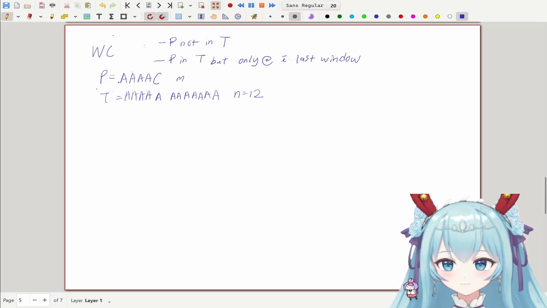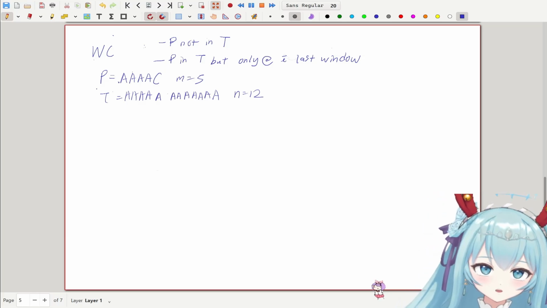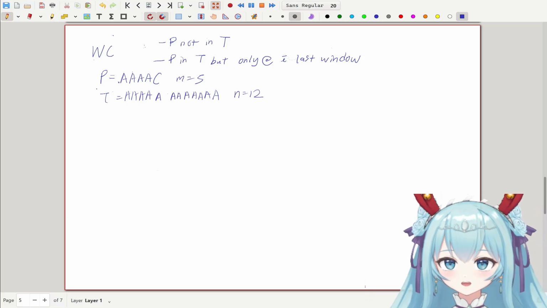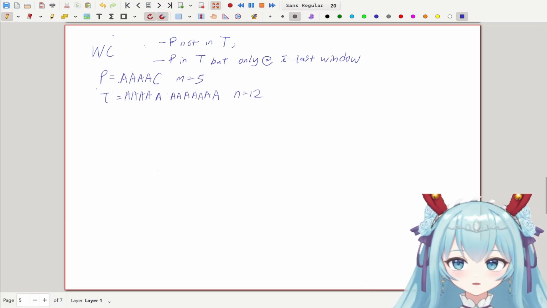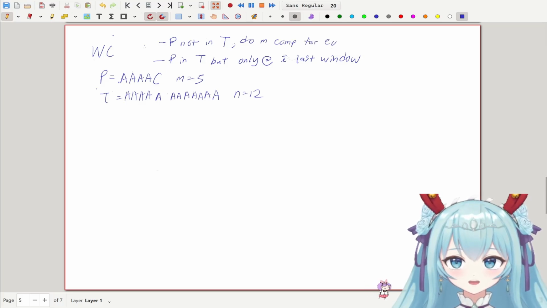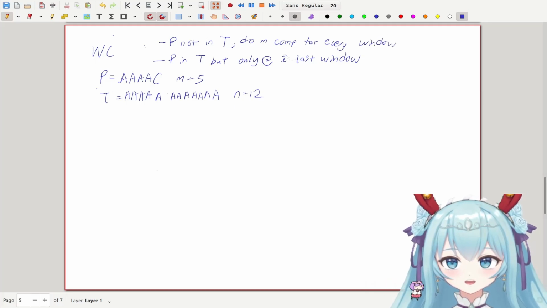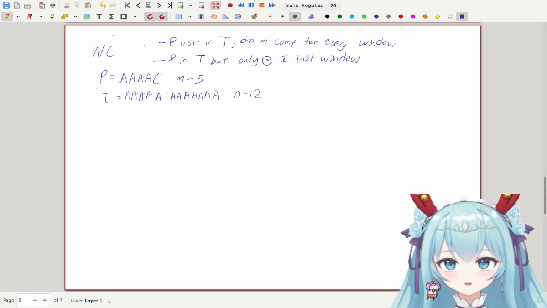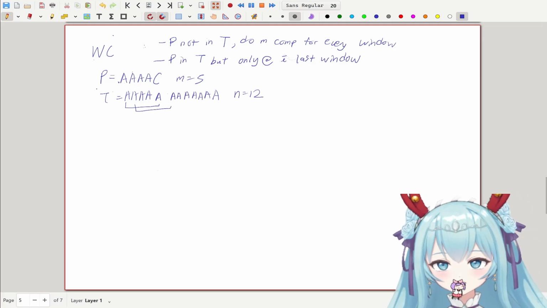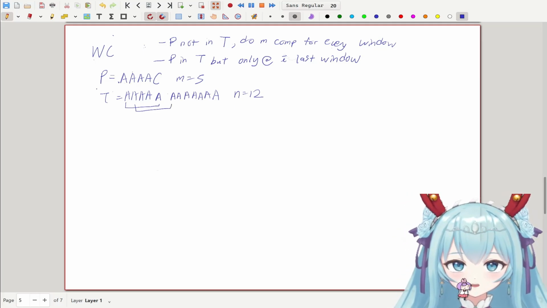Over here, M equals 5. So in this case, P is not in T and we need to do M comparisons for every window. So for the first window, we need to do 5 comparisons. For the second window, we need to do 5 comparisons, and so forth.